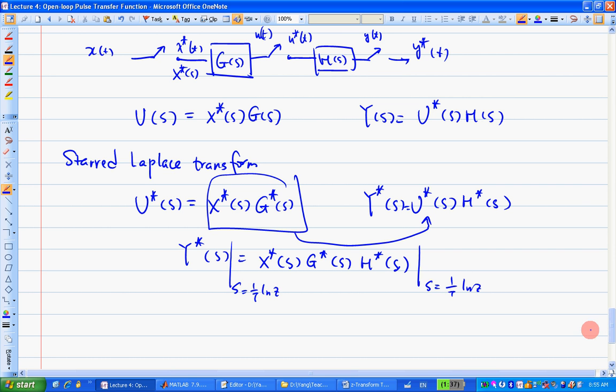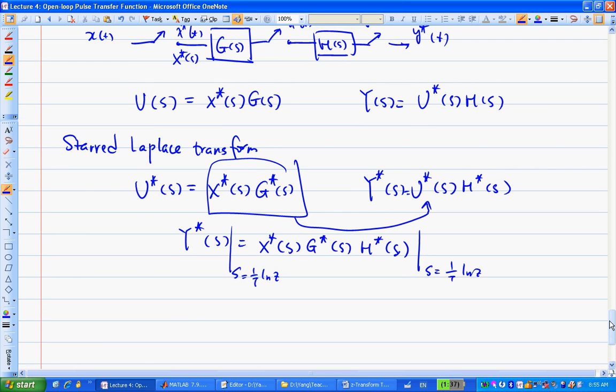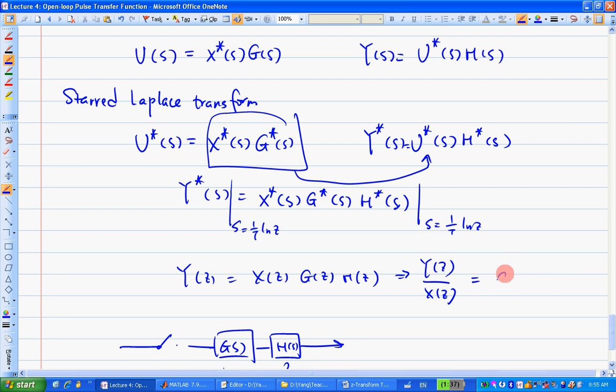That basically gives you Y of z, X of z, G of z, and H of z. The ratio between Y of z and X of z is the transfer function, so that gives you G of z, H of z.